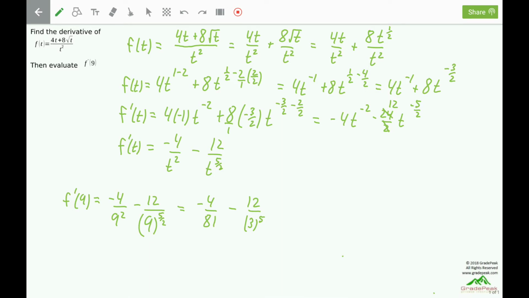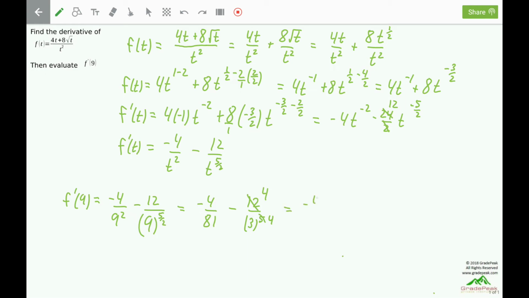Now 3 to the 5th power is pretty big, but one thing we can do to keep our numbers a little bit smaller is that 12 in the numerator is divisible by one of the 3's. So I can cancel one of the 3's from the denominator, leaving 4 of them, by taking a 3 out of here, leaving a 4 up there.